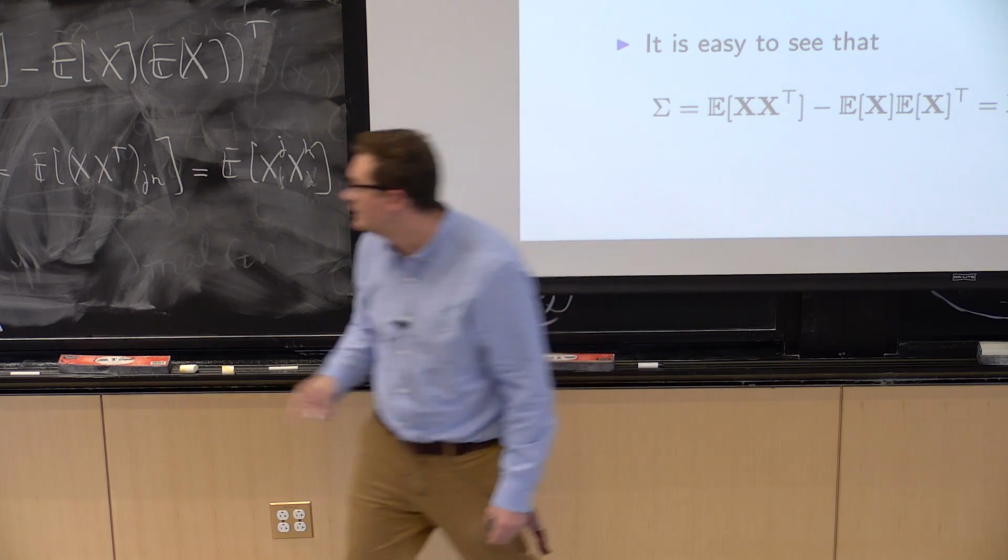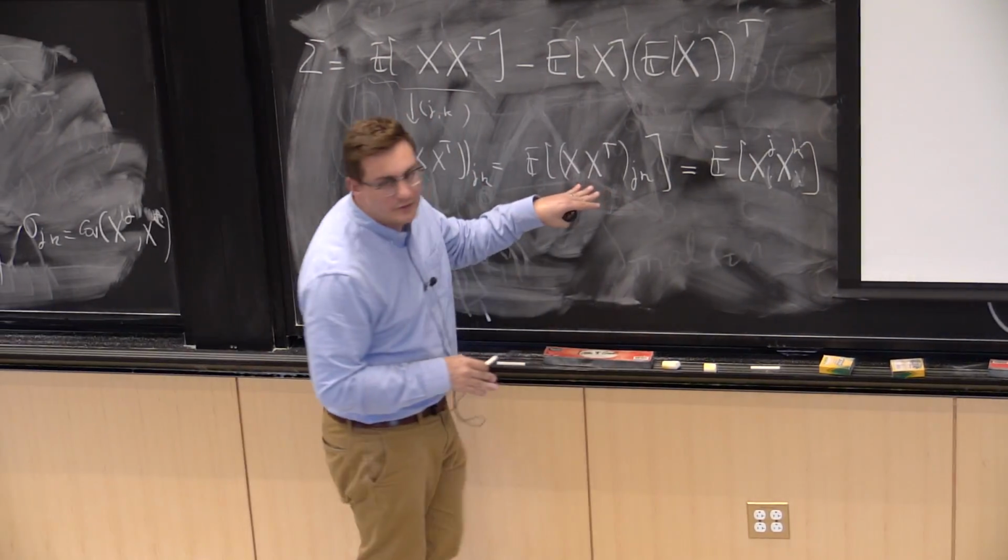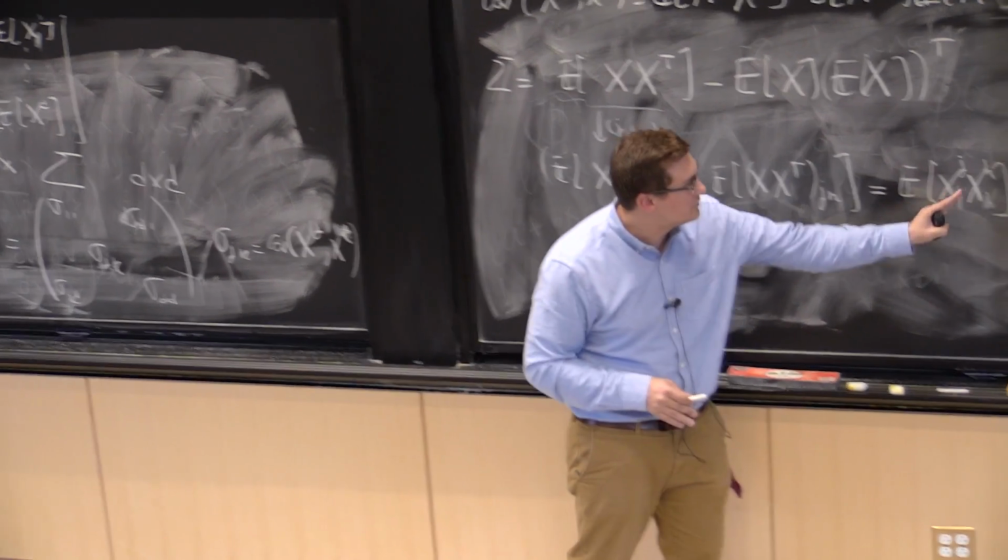Okay? Is that clear? When I have a rank 1 matrix of this form, x x transpose, the entries are of this form, right?